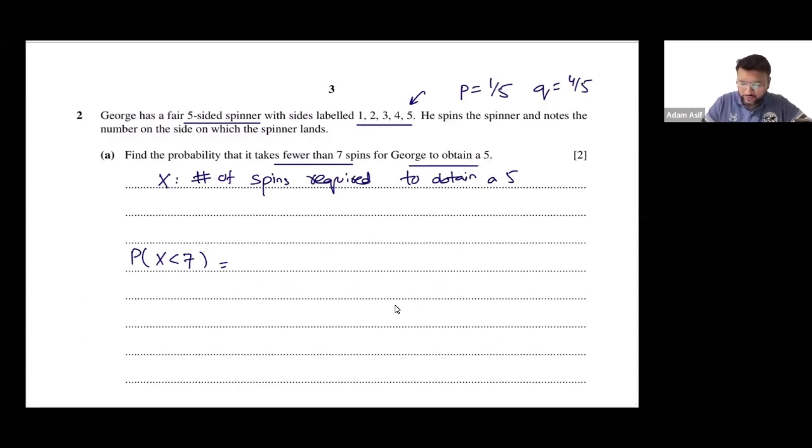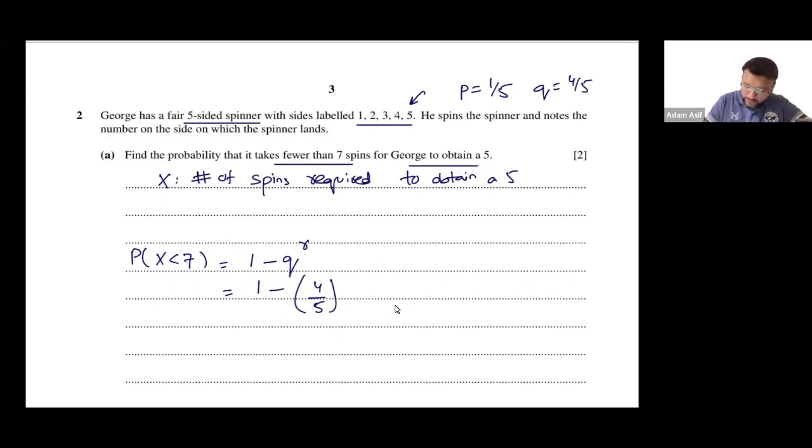All right. Now we need to find the probability of x less than 7. Either you find the probabilities from 1 to 6 and add them up, or you remember the short formula, 1 minus q to the power of r. The probability of x less than 7 would be 1 minus q, that is 4 upon 5, to the power of 6.